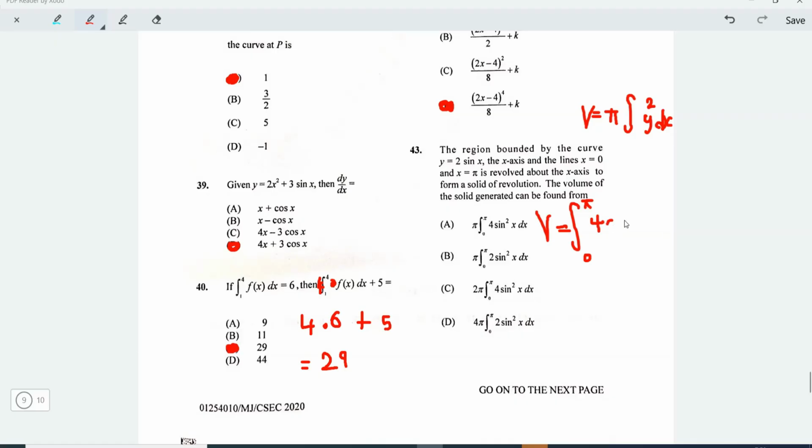So that's 4 sine squared x dx. And you put the pi on the inside. That looks like option, 4 sine squared is 8. Nice. Now we're done.